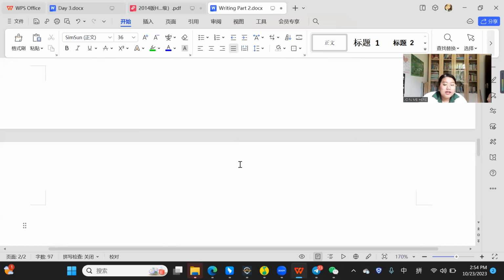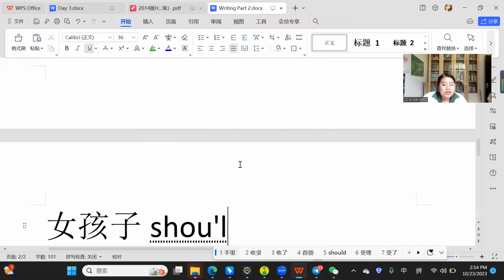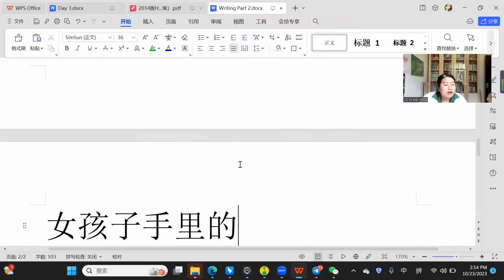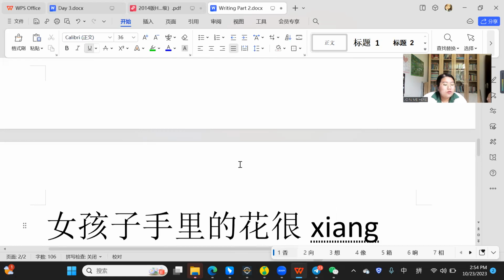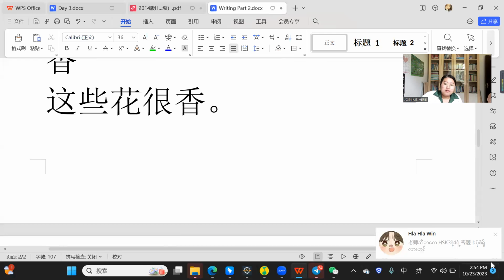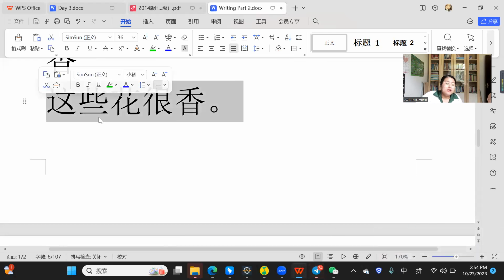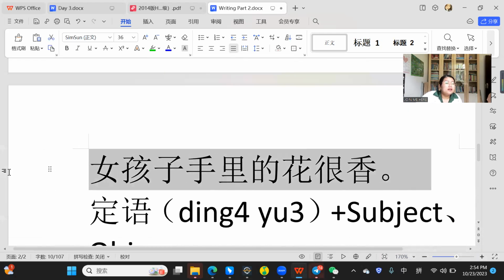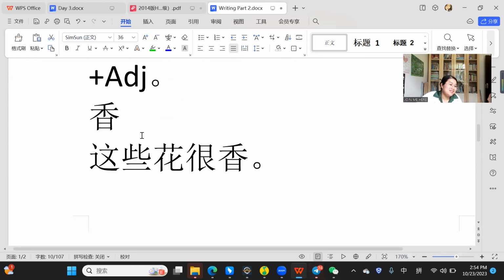And you can even say 女孩子手里的花很香. You can also say it like this. So with this pattern or this pattern, it can give you more marks because it's more beautiful than 花很香, right?